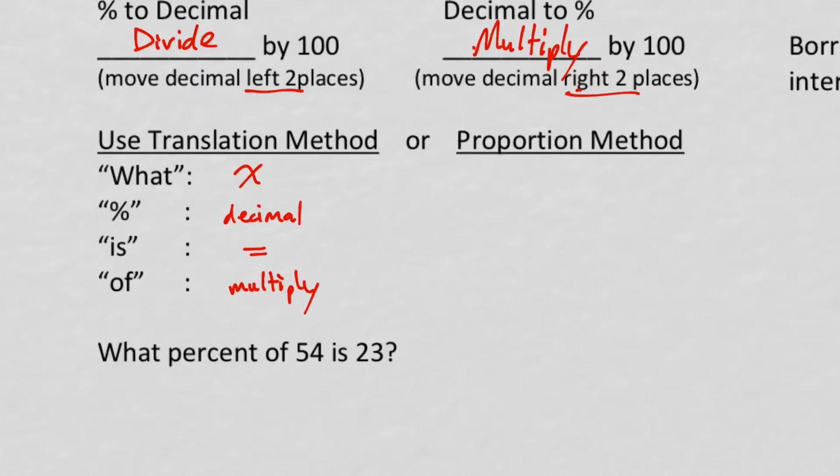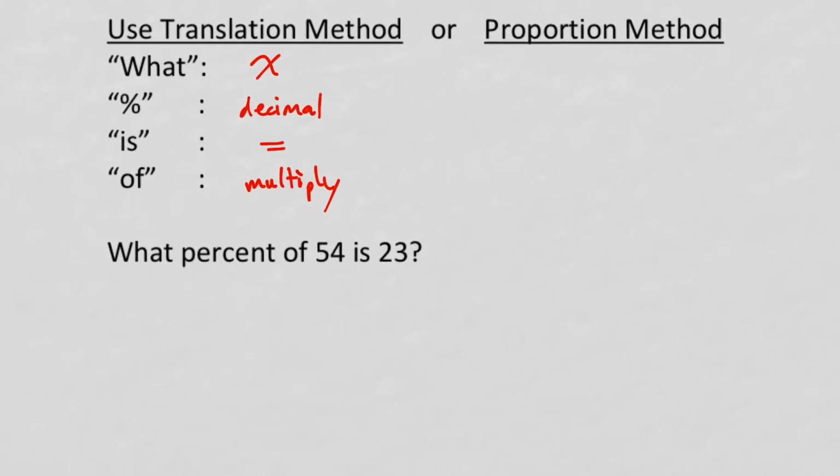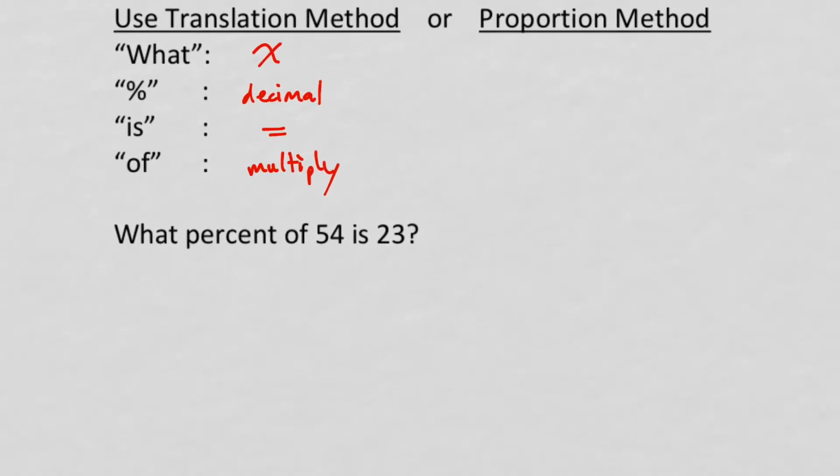That's our translation key. So, for example, what percent of 54 is 23? So you can say, okay, what percent, and that's an x, we don't know what the percentage is, times 54 is 23.